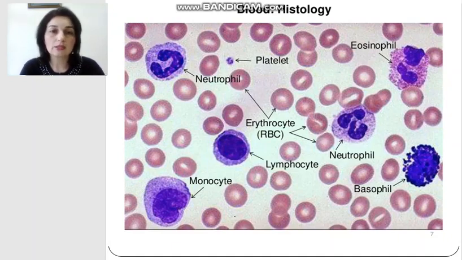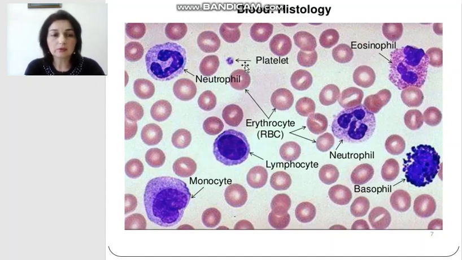Also, because blood is a fluid, it has a protective mechanism of coagulation, which is carried out by the platelets. Here you can see, for example, a platelet. This will minimize loss of blood because of damage to the vessel wall.